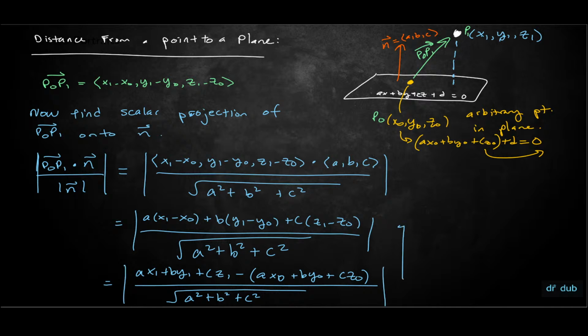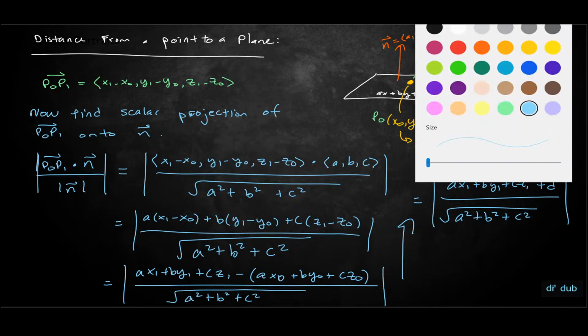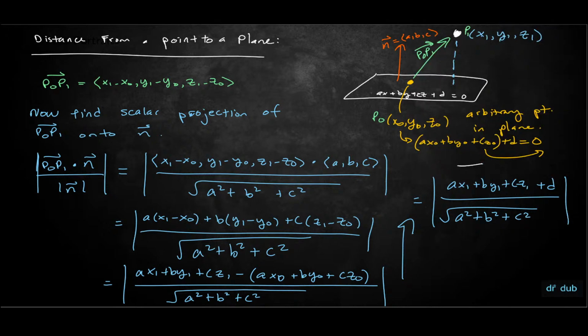So we can say that this is going to be equal to the absolute value of ax1 plus by1 plus cz1 plus d all over the square root of a squared plus b squared plus c squared. And that is the distance formula from a point x1, y1, z1 to a plane ax plus by plus cz plus d equals 0.